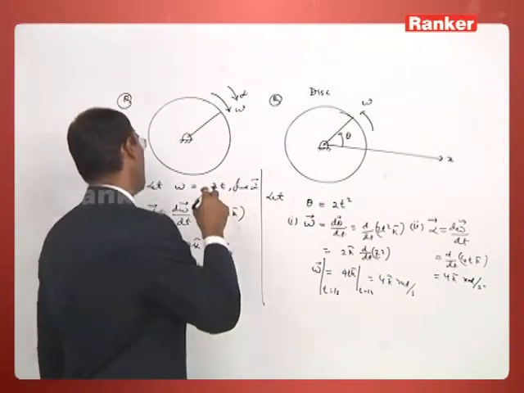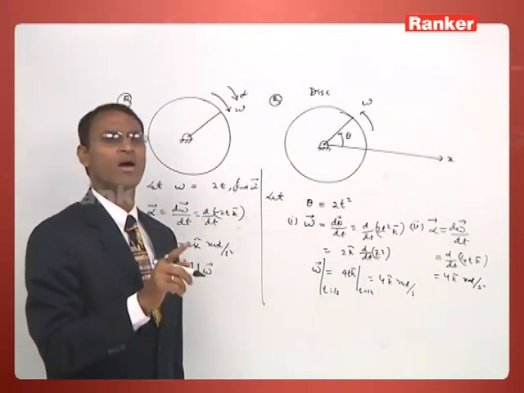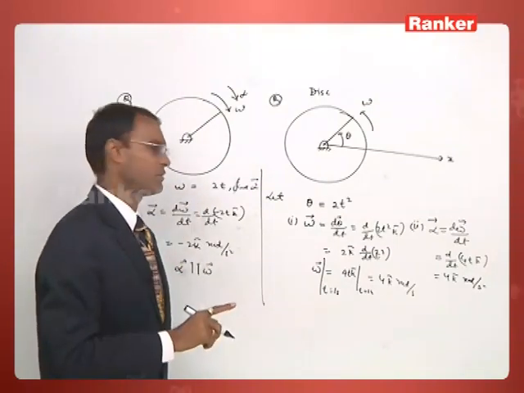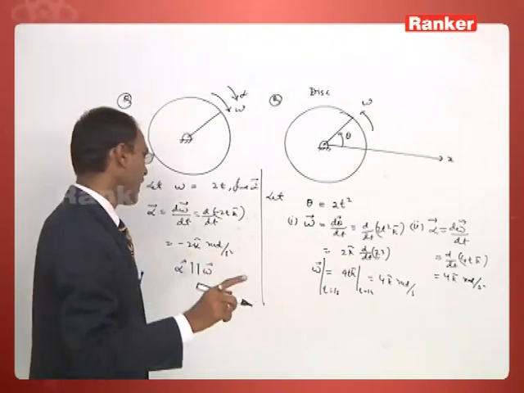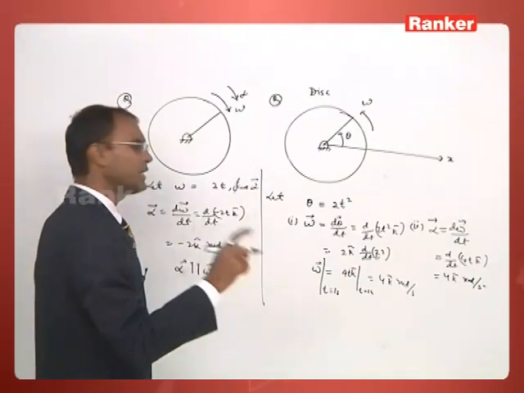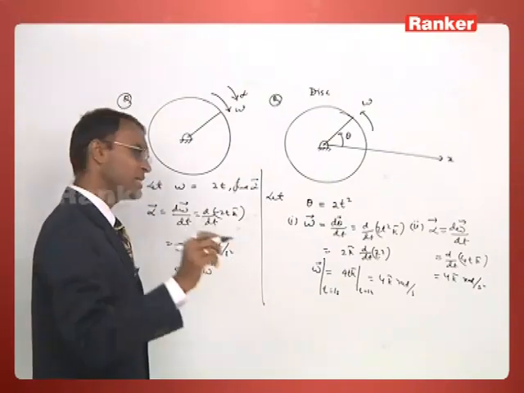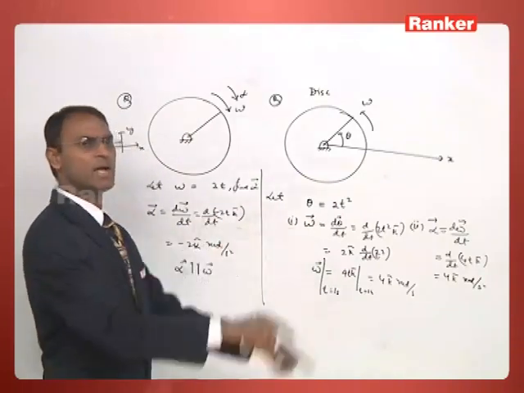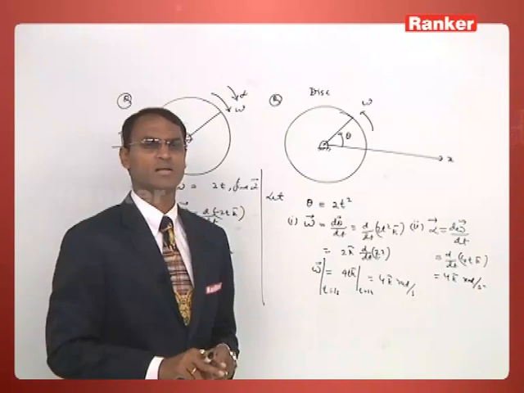When omega increases, alpha will be unidirectional or parallel to omega. Alpha and omega are parallel when omega increases or the angular speed increases. When the angular speed increases, the angular velocity and the angular acceleration are having same direction if the direction of angular velocity remains unchanged.